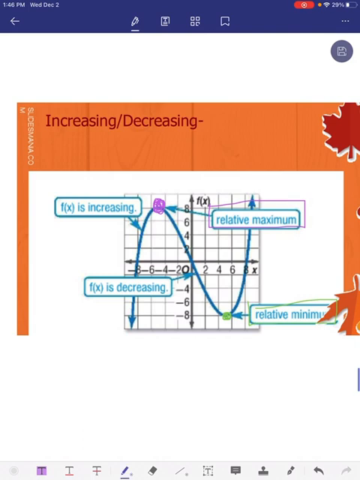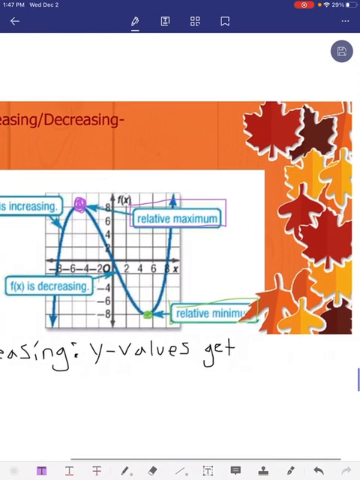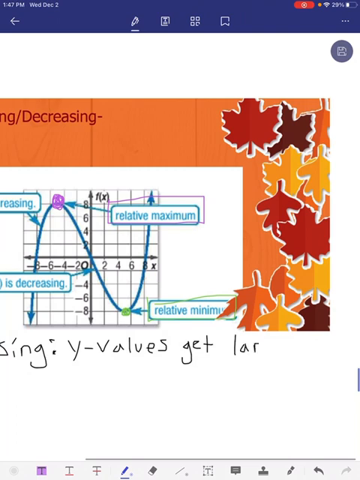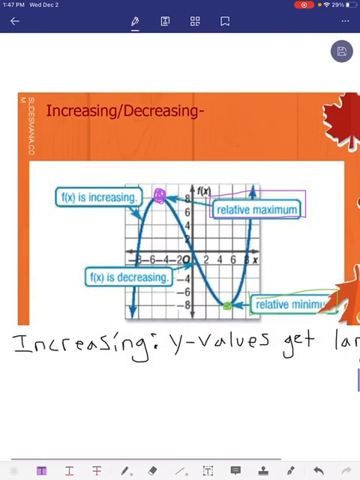So a graph is going to be increasing if y values get larger as x values get larger.